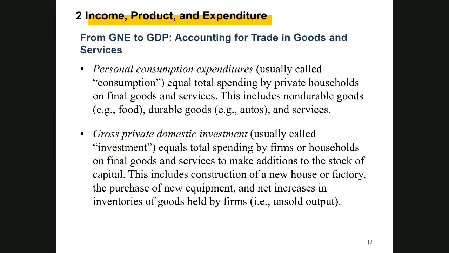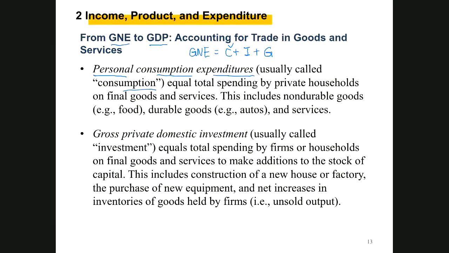Okay, so from the GNE to GDP, I already told you somehow, right? So GNE, what's the definition of GNE? Consumption plus investment plus government spending, right? The first term is called personal consumption expenditure, usually we call it consumption.